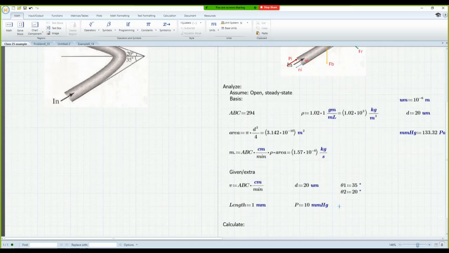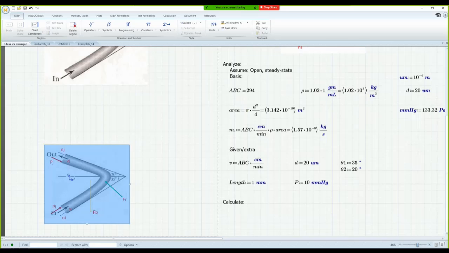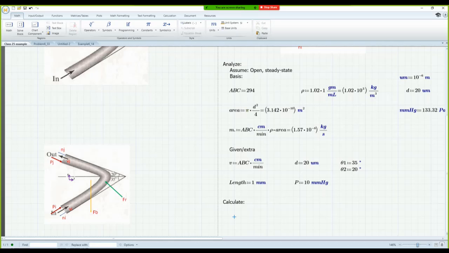I'm going to move a copy of this down here so you can see it while we do the problem. The first thing we have is the mass equation, simplified for open, steady state, and non-reactive, which gives us m dot I minus m dot j is equal to 0.